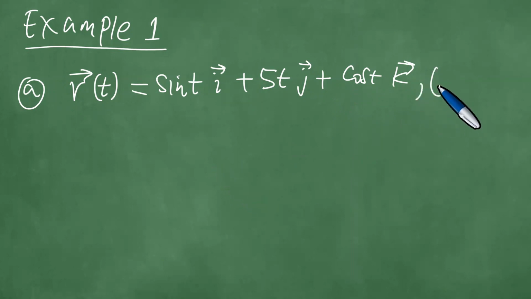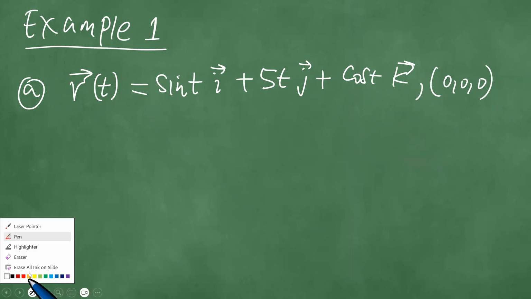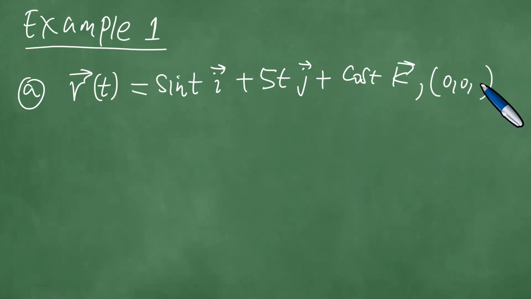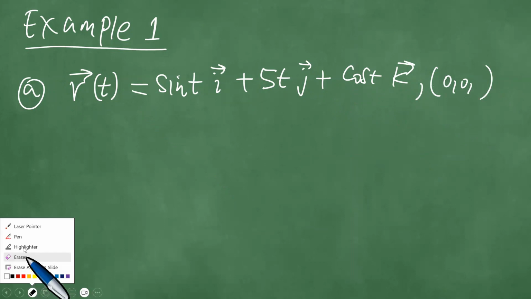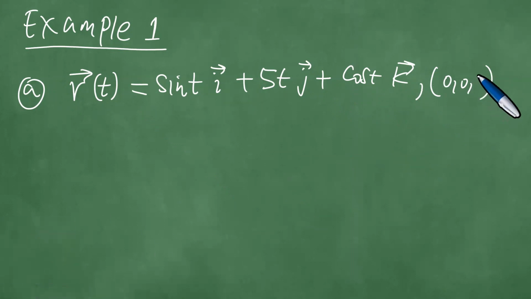At the point (0, 0, 1), we need to understand a couple of things: that this point is actually in the Cartesian coordinate system, where we have x of t, y of t, and z of t.